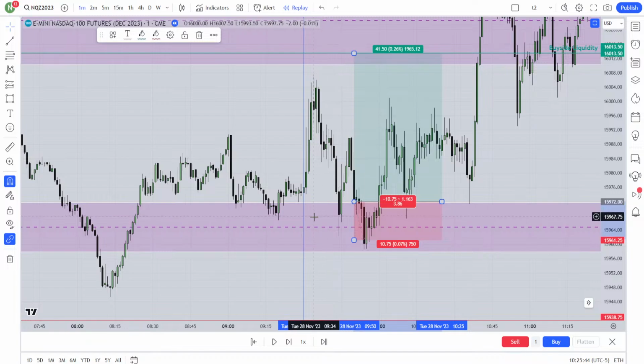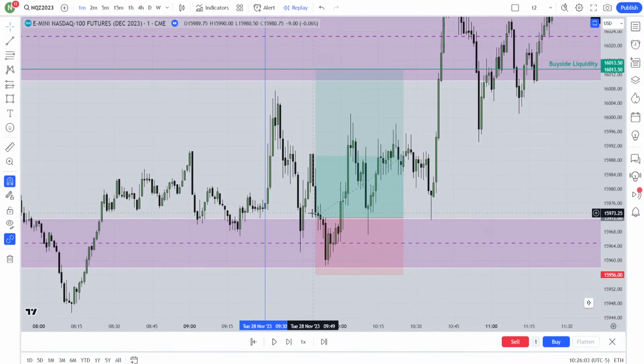So you have to see before the rejection, is there any other rejection inside the fair value gap that is the lowest low? If you see that type of thing, you can put your stop loss below that low. If you don't see it, just put it a little bit below the fair value gap, because it can easily go below the low of the recent rejection.